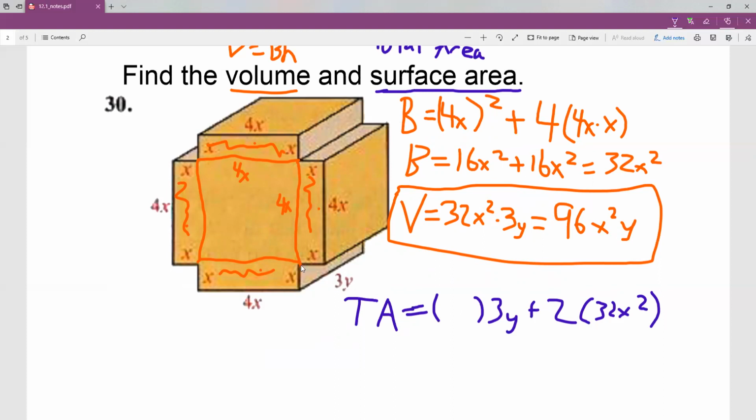So I'll start here. I got x, so that's 2x, 6x, 7x, 8x, 12x, 13, 14x, 18x, 19, 20x, 24x.